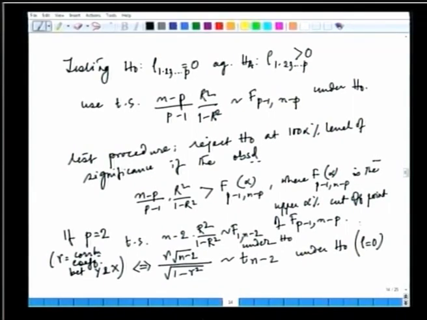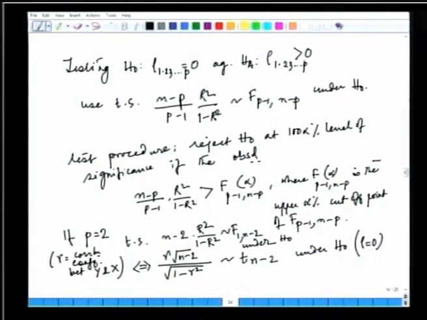Again, this is the usual bivariate correlation coefficient between x and y. Okay, so we get back the usual case when we consider p equal to 2 in this general form for any p, so the generalization works nicely and we get back the usual two-dimensional case for p equal to 2.